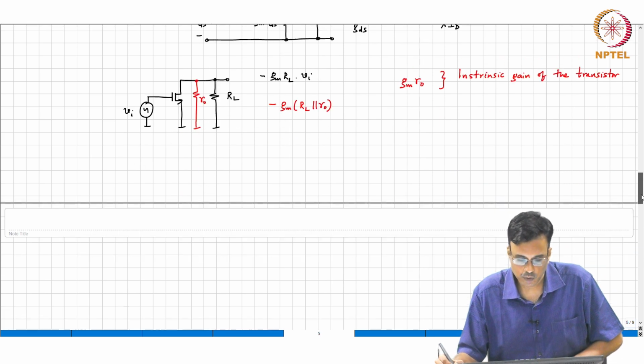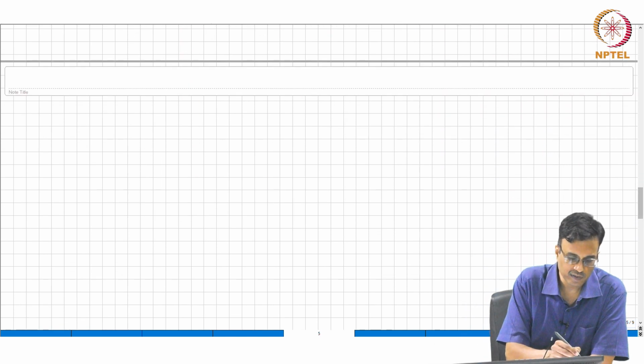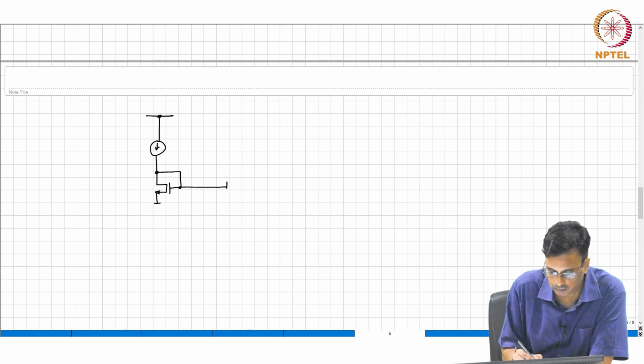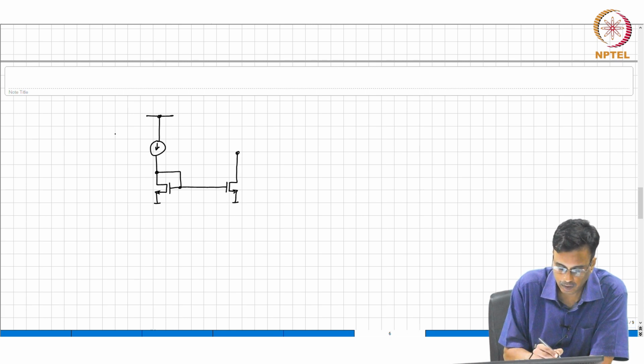Alright. Now, the next thing we started looking at was various biasing techniques. Remember that the first robust biasing technique we looked at was the current mirror. So, this is some IREF.